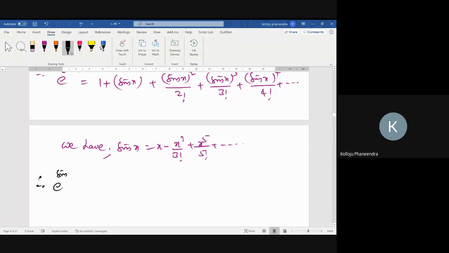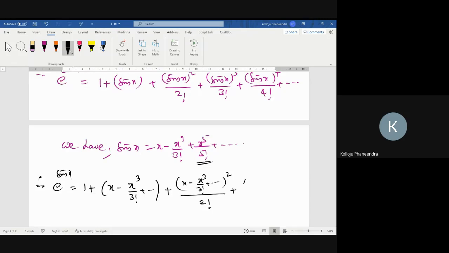Therefore e power sin x becomes what? 1 plus, and I need up to what? X power 4. So no need of the x power 5 term. So I will write x minus x cube by 3 factorial, plus x minus x cube by 3 factorial whole square by 2 factorial. Right?